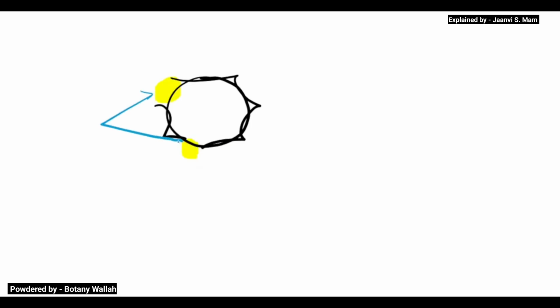See, if I draw pollen, and if I am drawing Exine, see, I have not drawn Exine at this place and at this place. So these places where there is absence of Exine, that is known as germ pore.